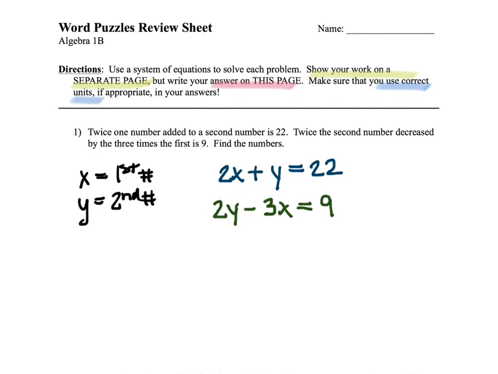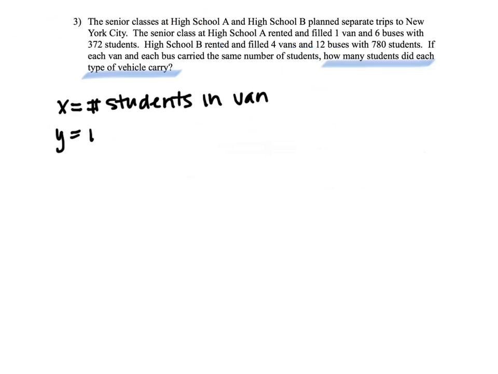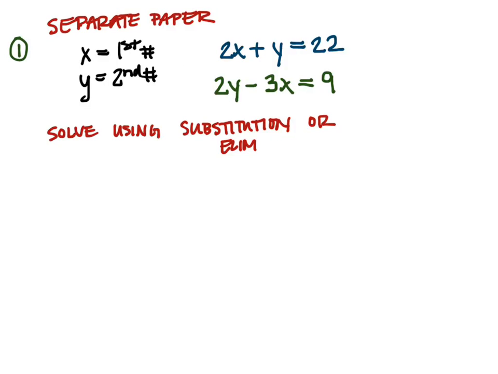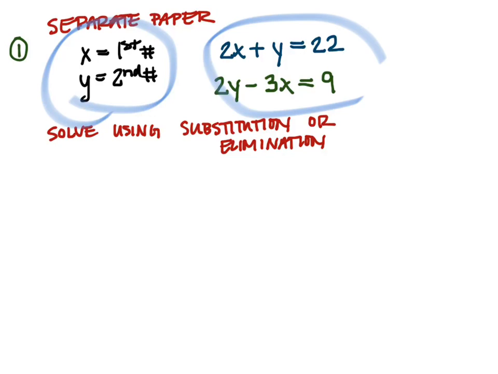Okay, so with that being said then, let's take a look, and we are going to work on finding the numbers. This is what should be written on a separate sheet of paper. So on the separate sheet of paper, we should list our variables as we have here and identify them. Write our system of equations as we have here.